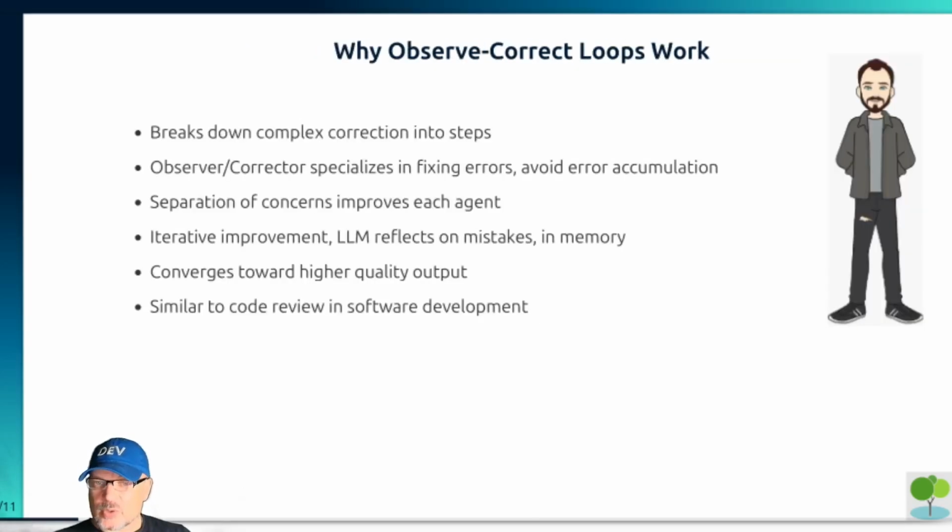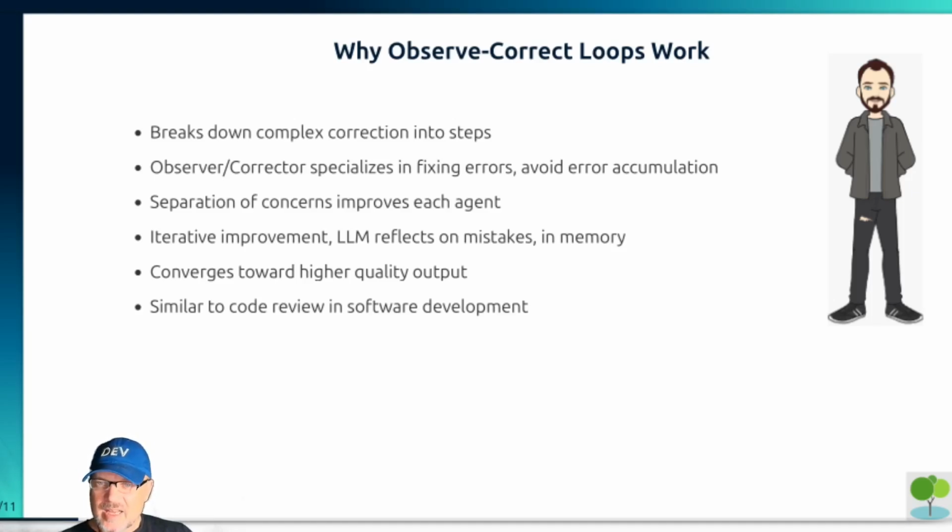Why does it work? Because we break down a complex task into small steps, and this observer is specialized in fixing errors. With these small steps we can avoid error accumulation. Before an error grows very big, we reduce it already on each iteration. So we also have separation of concerns.